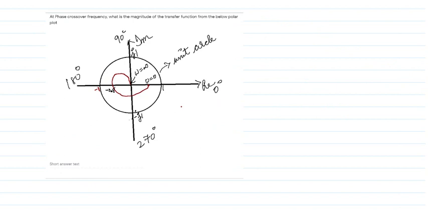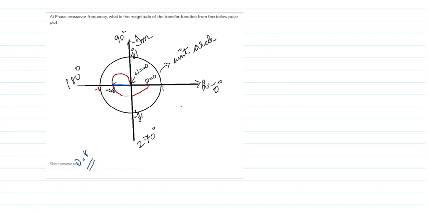Come to the next problem. The question is, at the phase crossover frequency, what is the magnitude of the transfer function? This is the plot. What is the phase crossover frequency? The frequency at which it cuts the 180 degree. What is the magnitude at this point? This is the magnitude, so the answer is 0.8.